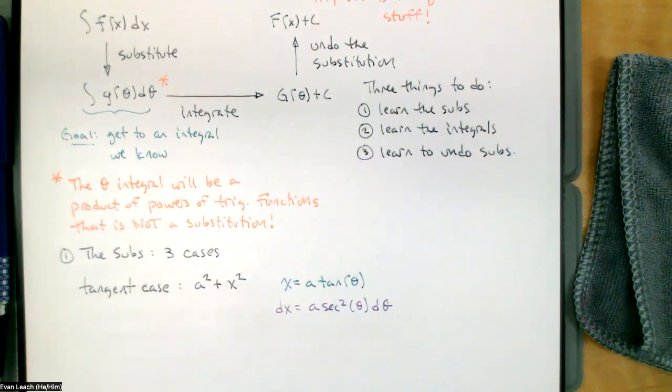The other thing that we're going to need here, that's the addition to the trigonometric part of the substitution, is that we're going to need a Pythagorean identity. So we're looking at a squared plus x squared. The identity that we're going to need is that 1 plus tangent squared is secant squared.